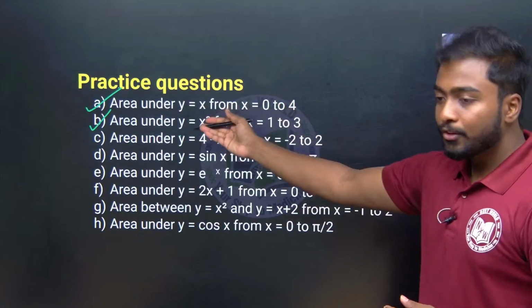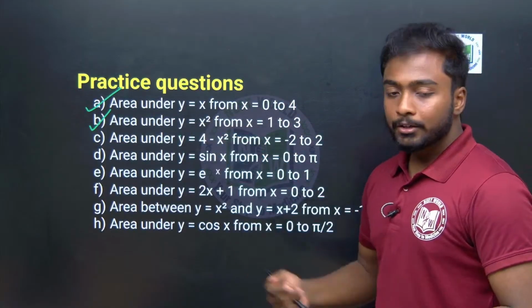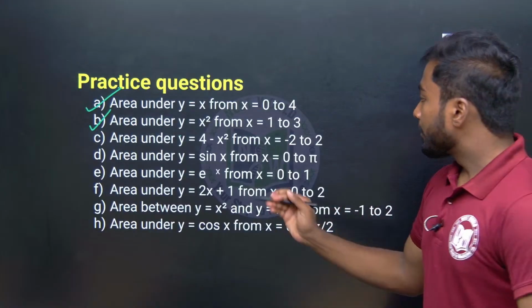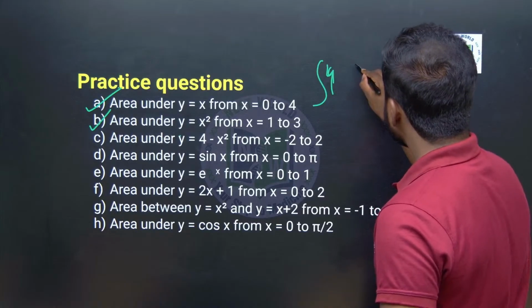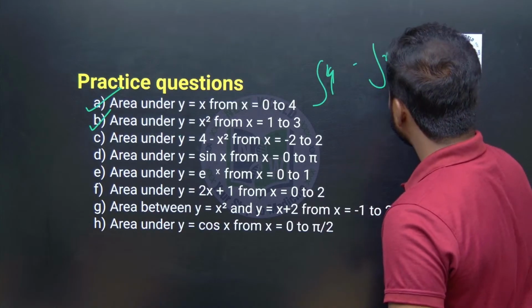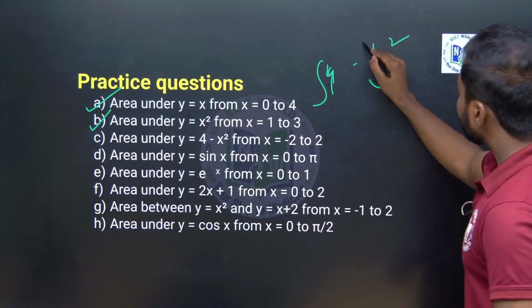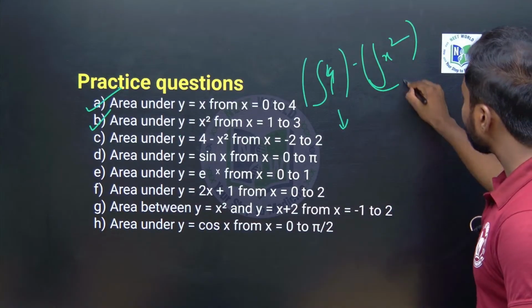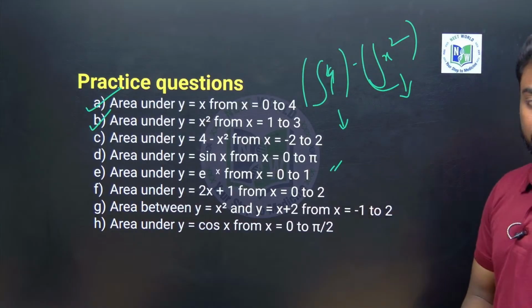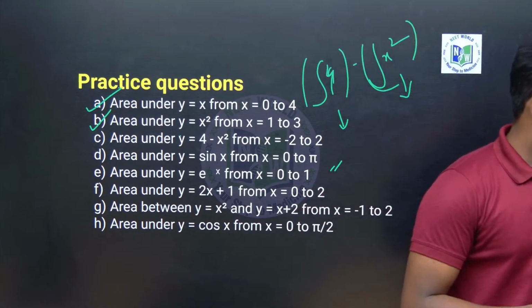Then apply the limits for both of them and do the calculations. Keep both of them in brackets, then calculate the values, you will get the final answer. Do it now and give the answers.